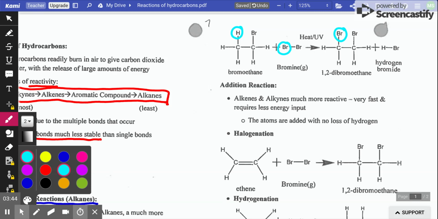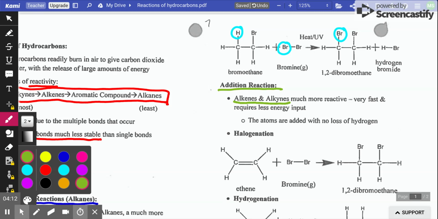Another type of reaction that we're going to look at is called addition reactions. So an addition reaction involves an alkene or an alkyne. So they're very, very reactive. So a reaction for an alkene and an alkyne requires less energy than a substitution reaction of an alkane.